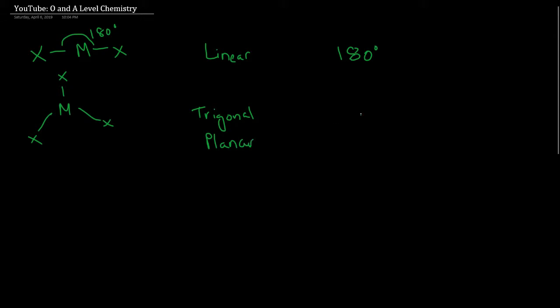And the bond angle is going to be 120 degrees. So this angle is 120 degrees, this angle is 120 degrees, this angle is 120 degrees. You add them all up, it's 360 degrees. So basically this is in a flat plane, like on a piece of paper.